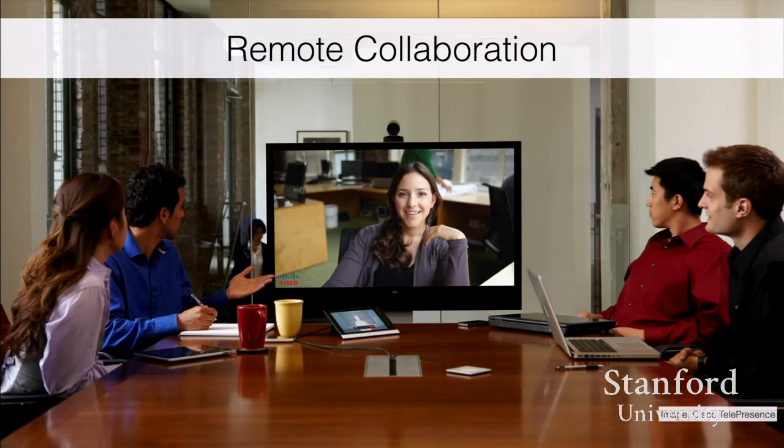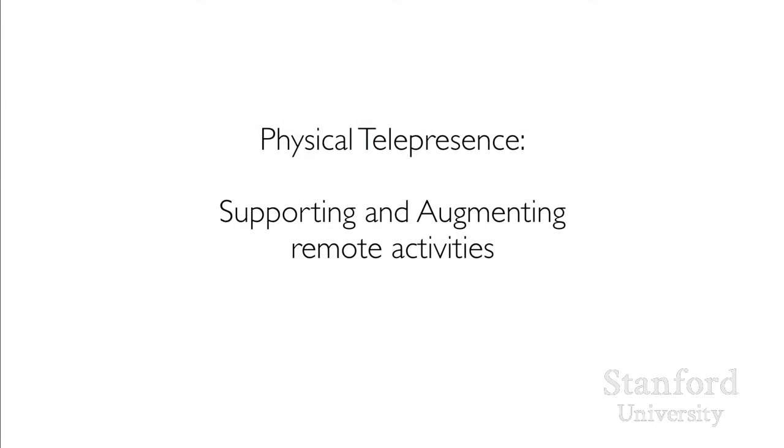Obviously, there's been a lot of work in telepresence and shared workspaces. I see John Tang there, who's done some great pioneering work. But we're still limited to this screen-based interaction. So the question is, how can we use these shape displays to enable this type of rich collaboration that we have in person, but at a distance?